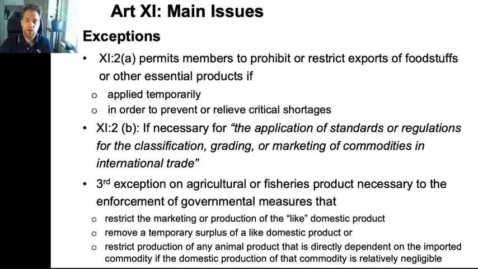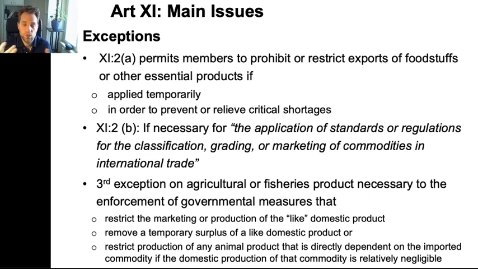And the third one then refers to agricultural or fisheries products that are necessary for the enforcement of governmental measures that, first, restrict the marketing or production of the like domestic product, or that remove a temporary surplus of a like domestic product if you have overproduction in the agricultural sector, for example, as it happened in the European Union, as it also happened in the European Union right now.